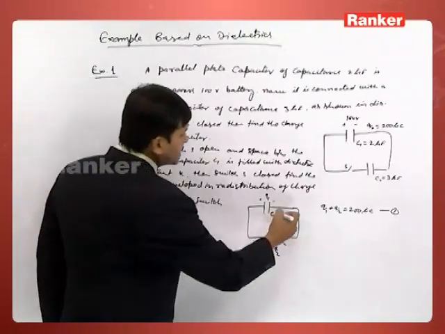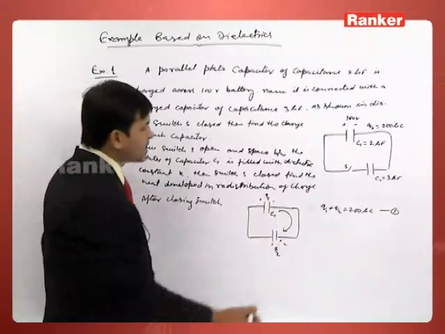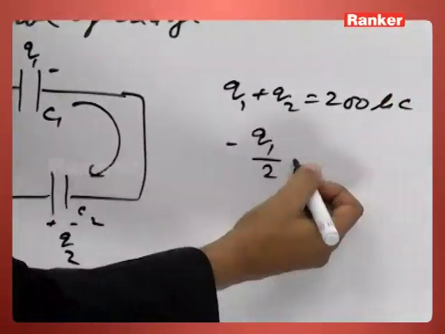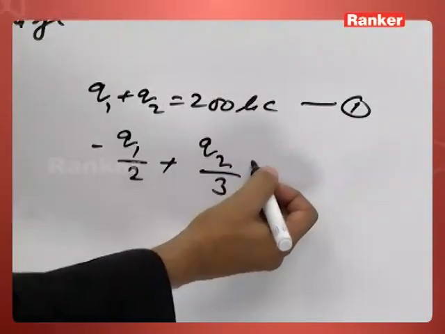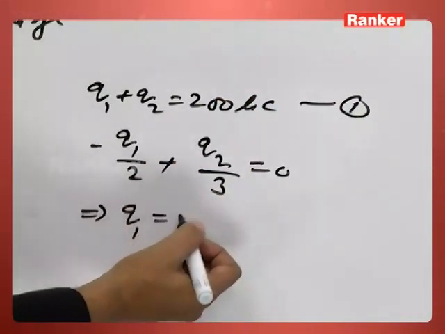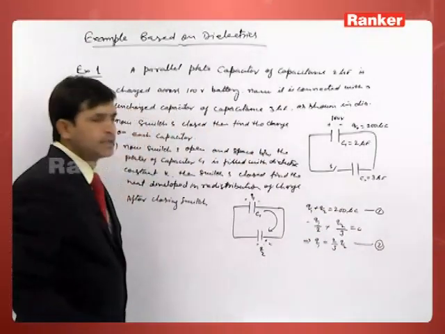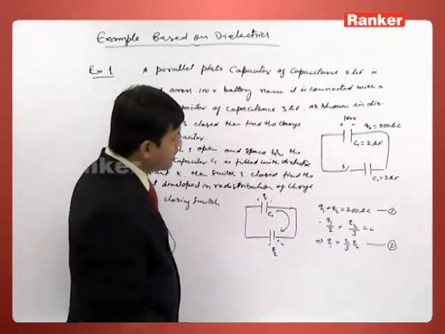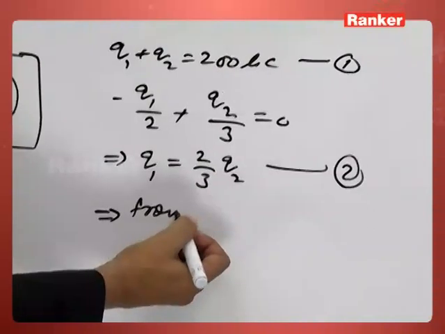The second equation we can get by applying Kirchhoff's second law. So minus Q1 by C1, C1 value is 2, plus Q2 by C2, C2 value is 3, which is equal to 0. So from here we can get Q1 is equal to 2 by 3 Q2. This is the second equation. From these first and second equations, we can calculate the values of Q1 and Q2.